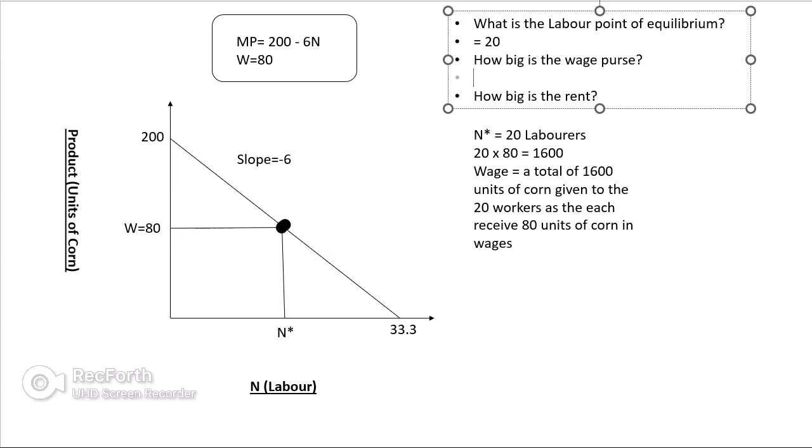So I hope that is fairly simple to understand, because it's not very hard. So the size of the wage purse would just be 1,600, because that's the total pay of all the workers required at the labour point of equilibrium.